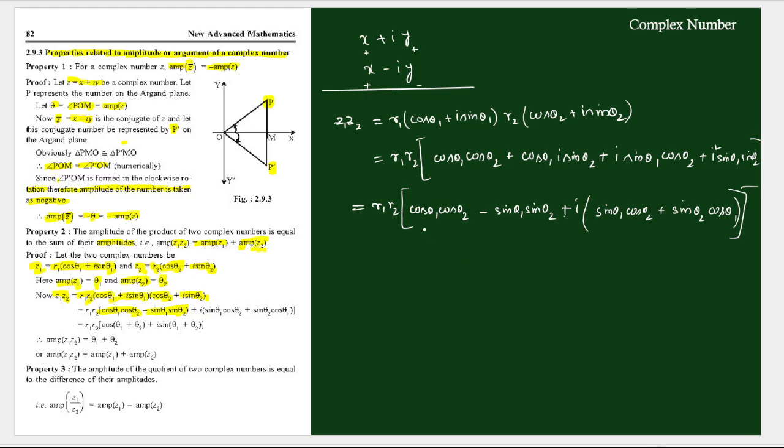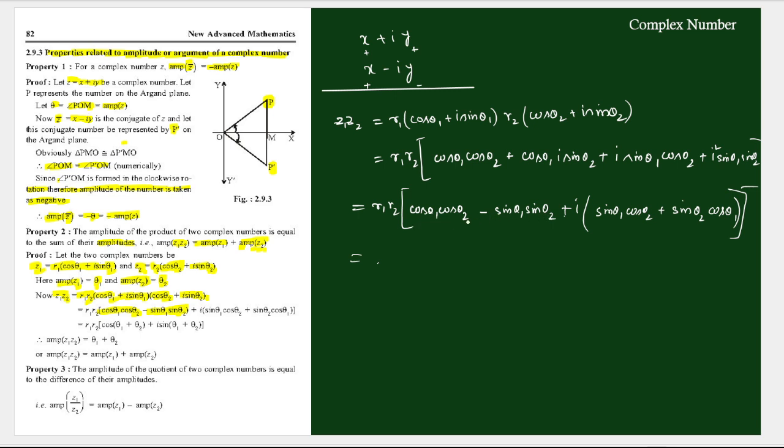This is also one of the formulas. When we study trigonometry in advance, we will get this one, the cos (a + b) formula. Cos (a + b) is cos a cos b minus sin a sin b.